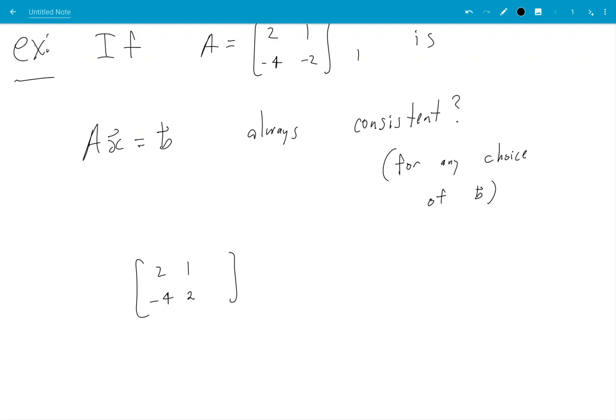If I go like 1, 1, then I can do one row reduction step. Row 2 plus 2 times row 1. Now I'll get 0, 0, 3. All right. So the answer to my question is no.